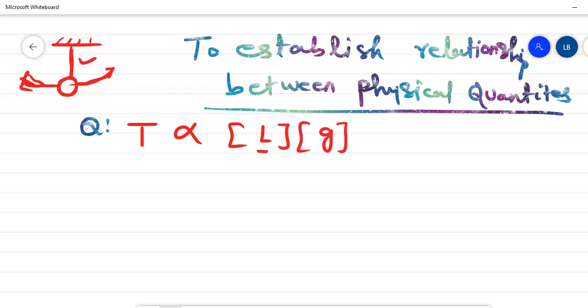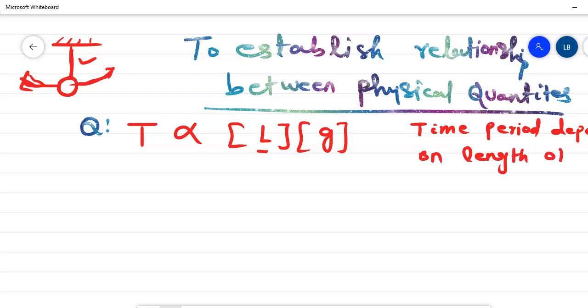So what is given in the question? The question they will give: in an experiment, it is found that the time period depends on the length of the string and acceleration due to gravity.